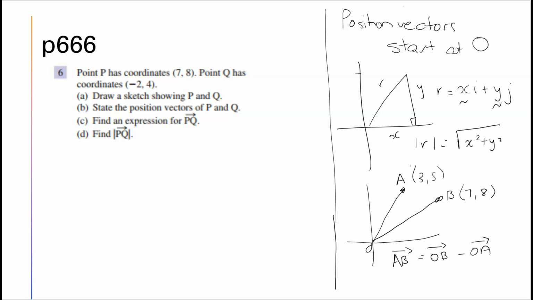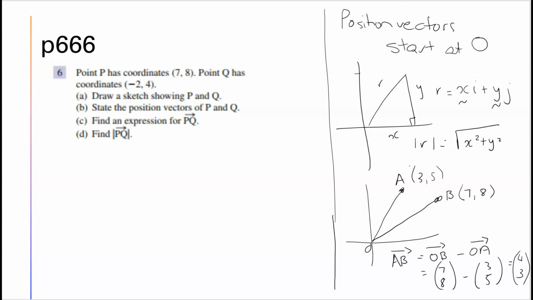So we put in the numbers that we've got. OB is 7, 8, and OA is 3, 5, and we get our answer. And from that then we can say that AB is equal to 4i plus 3j, and we could say that the length of that is square root of 4 squared plus 3 squared, which is 5.